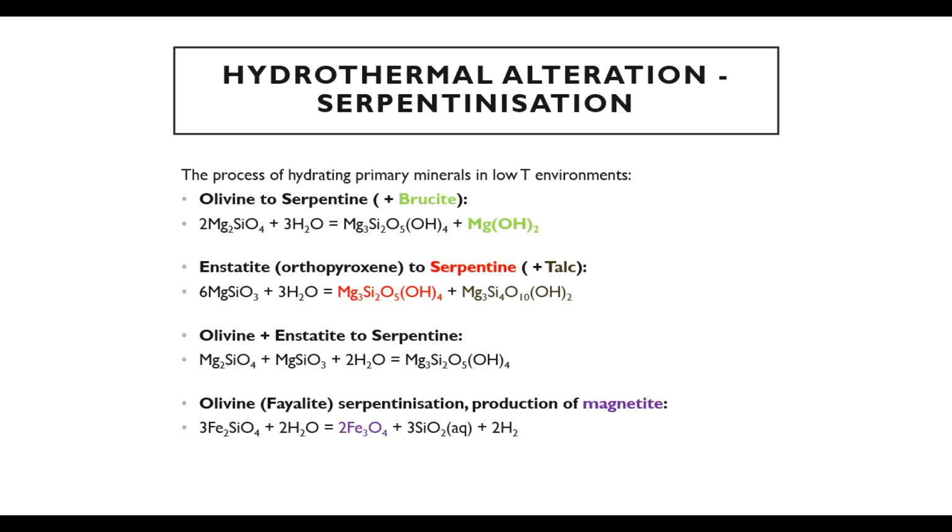And then magnetite if you have an iron-rich portion of the olivine, most serpentinite is magnesium-rich. So in reality, olivine is a mixture of iron and magnesium. You can actually liberate the iron into magnetite instead of going into the serpentinite.